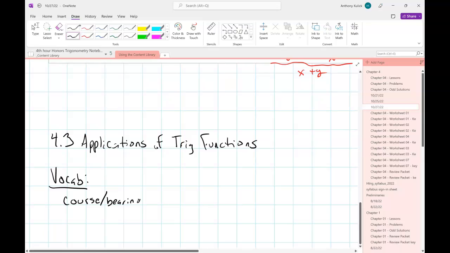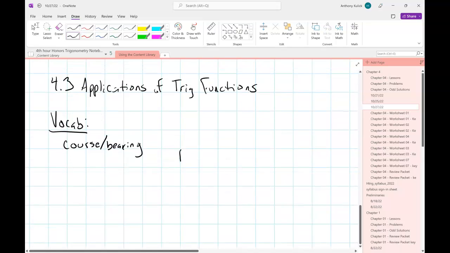In section 4.3, we're going to look at some more applications of trig functions. One of the big applications we have for trig functions is navigation. When we're describing navigation, the industry standard is to use a course or a bearing to represent our angle.